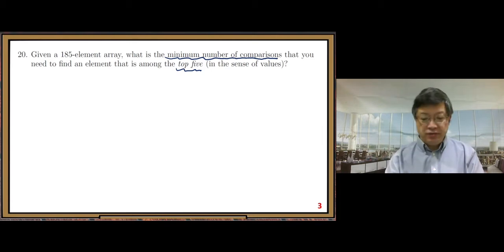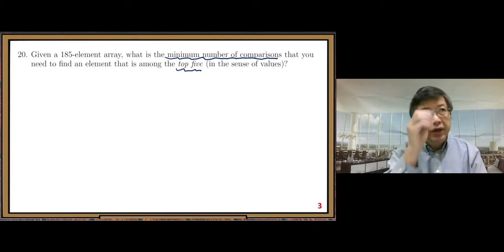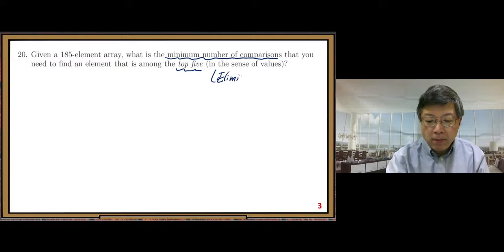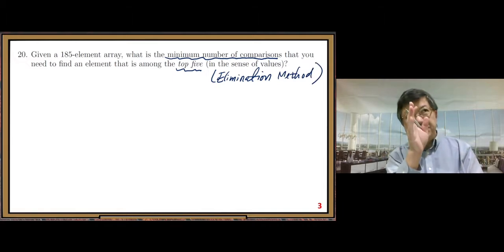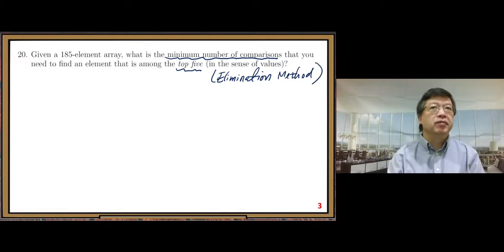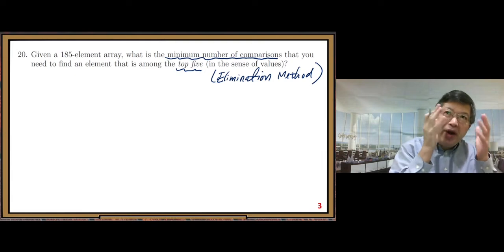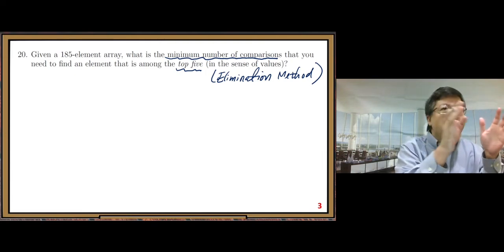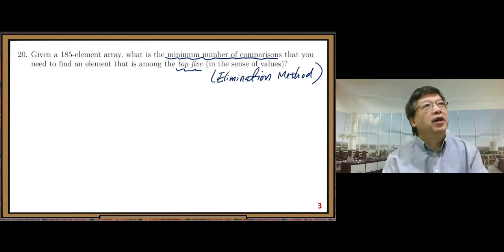So this is a good exercise question for the elimination method. Here, let us use the elimination method. We try to eliminate those elements that cannot be among the top 5, right?